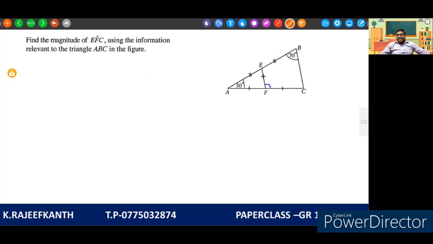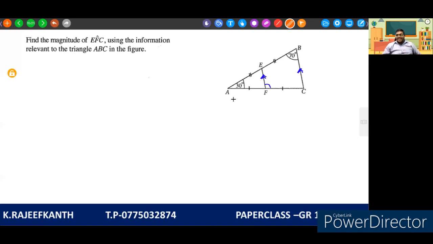Now we join these two midpoints, so this line will be parallel to the third side because of the midpoint theorem. Now we can mark these two as parallel.